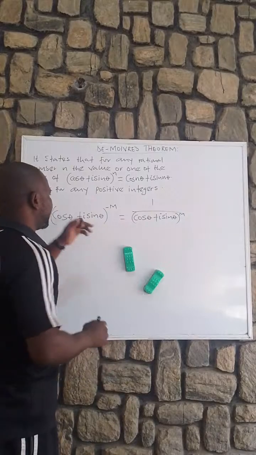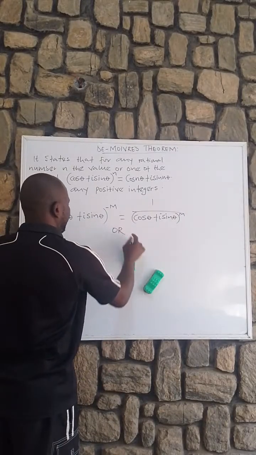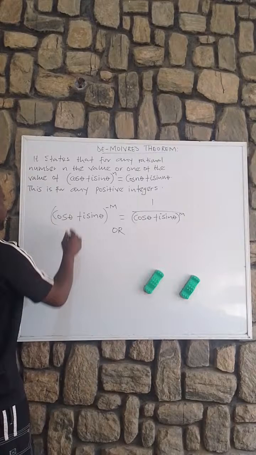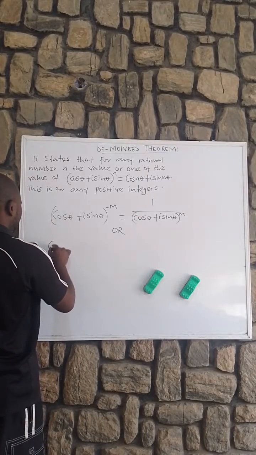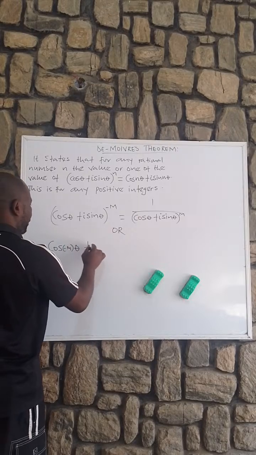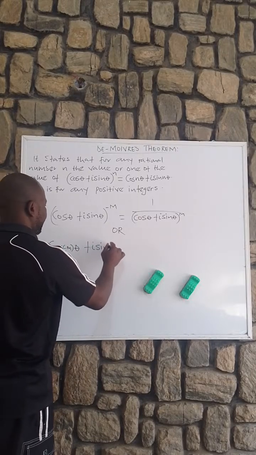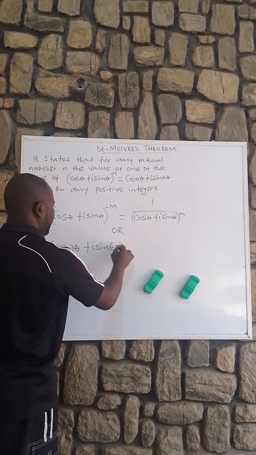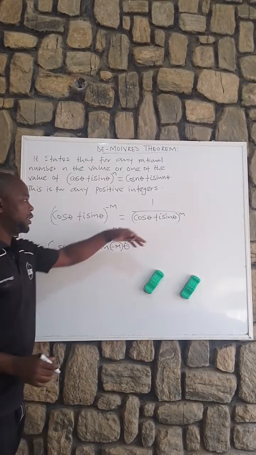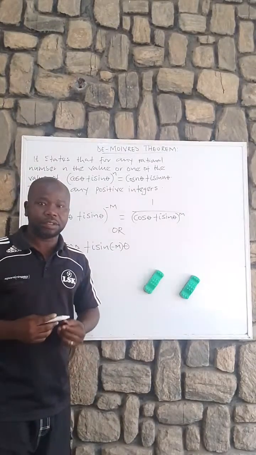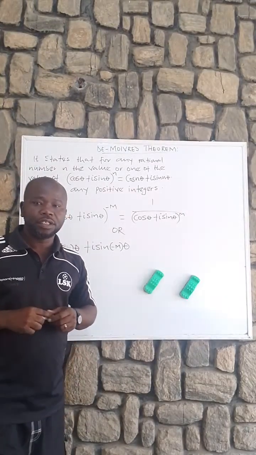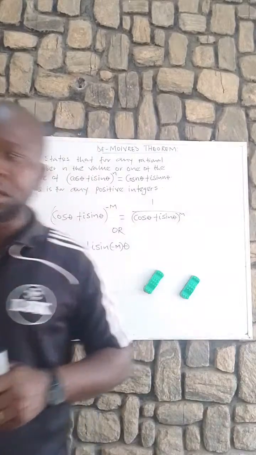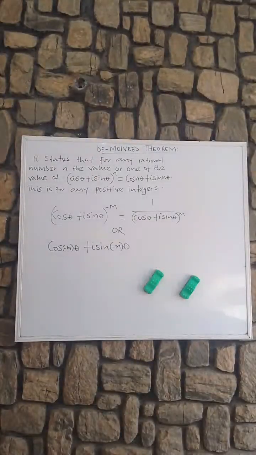This is the same thing as this, or we can rewrite this in this form, cos(minus n theta) plus i sin(minus n theta). This and this, they are all the same thing. Are you following? Do you understand? So this morning, I'm going to solve one or two problems here in De Moivre's theorem. Is that clear? So take note.